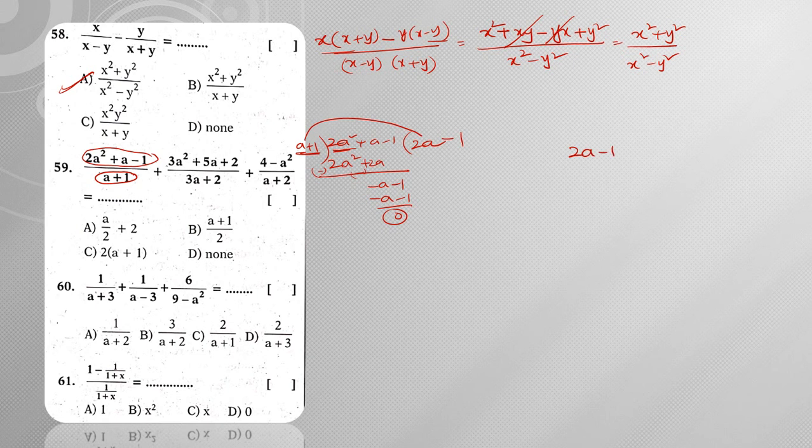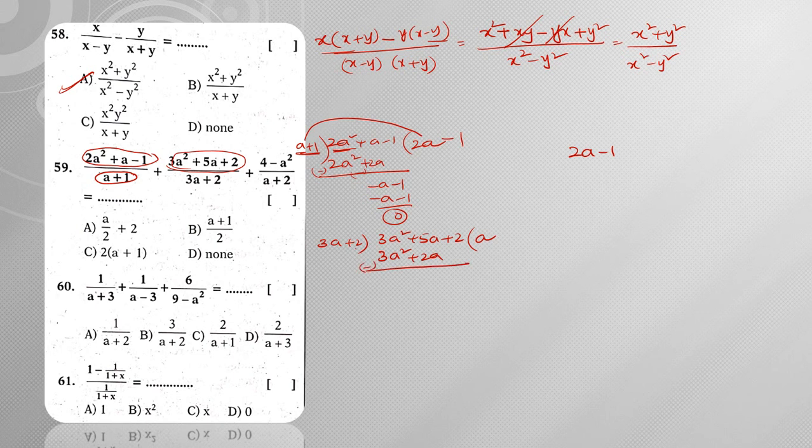Next, coming to this particular term, how can I write it as 3a plus 2? With 3a plus 2 you divide 3a square plus 5a plus 2. Then what am I going to get? So 3a needs to become 3a square, then I need to multiply with a, then this becomes 3a square plus 2 into a is 2a.